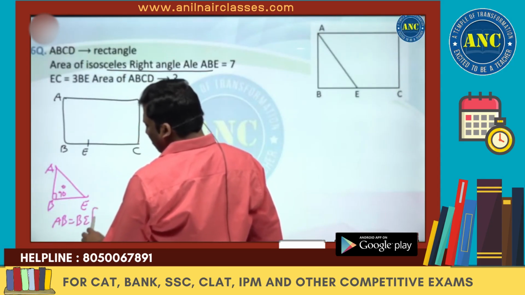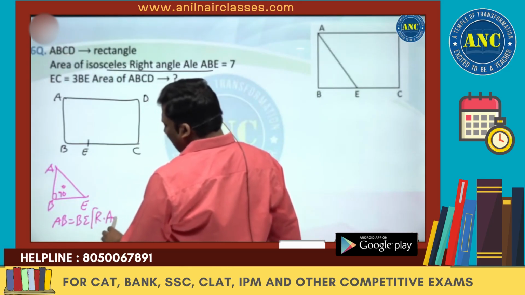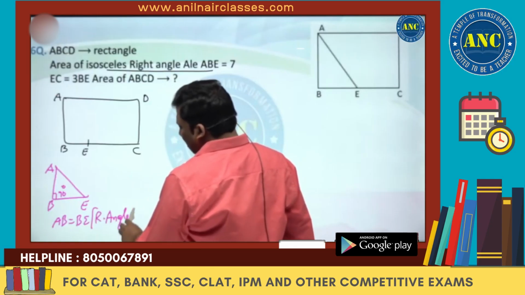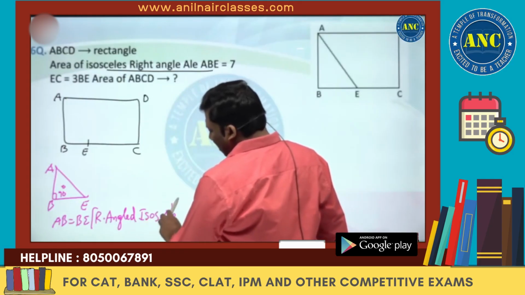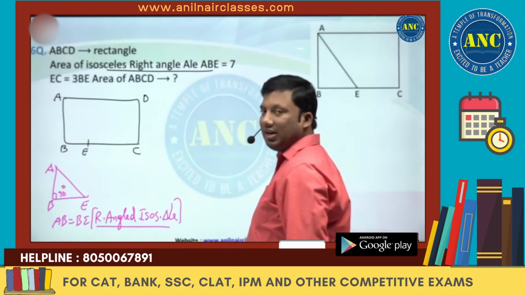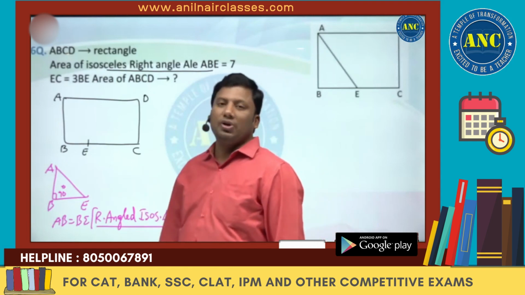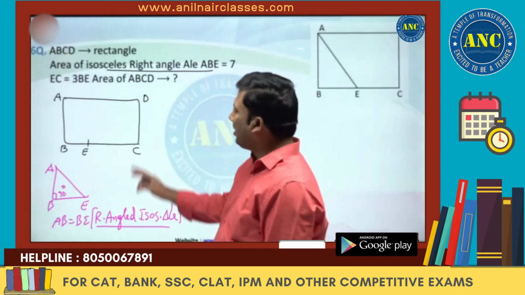That is called a right angled isosceles triangle: a triangle in which, other than the hypotenuse, the other two sides are equal.